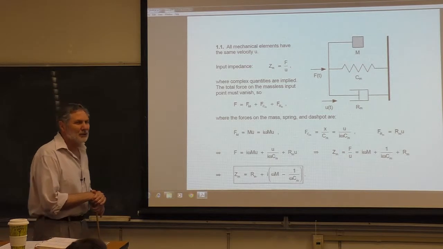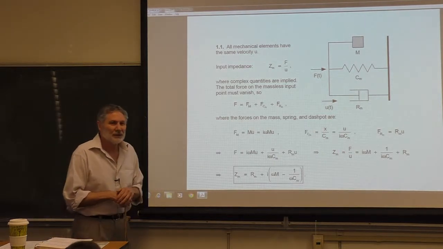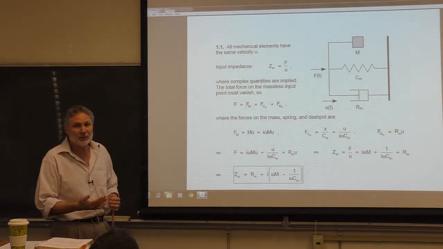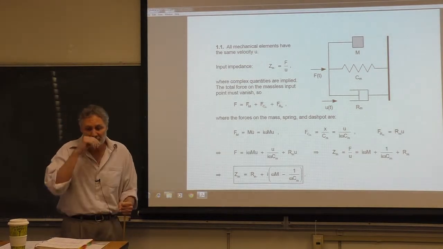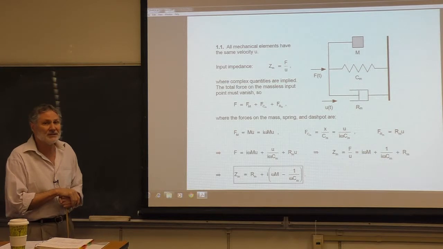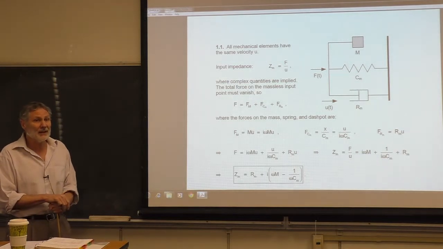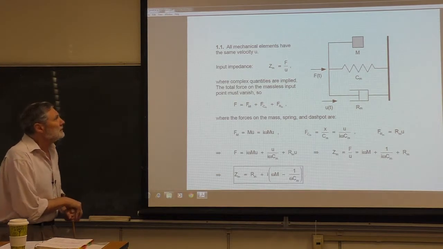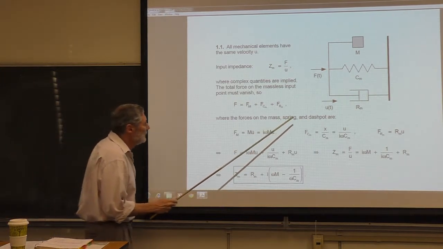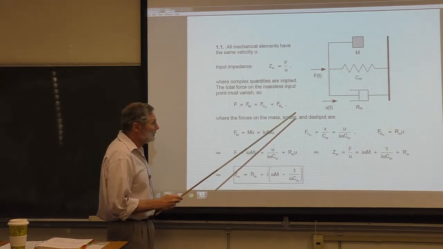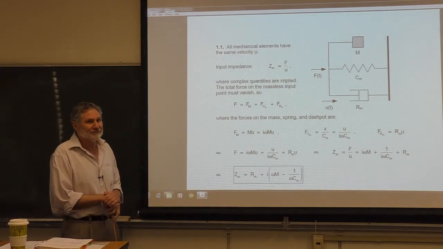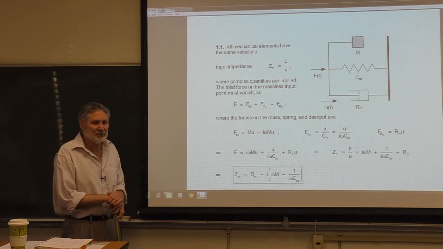So why are we going to do that? This is obviously an important quantity. Throughout this course we'll be dealing with input impedances, electrical and mechanical, because we're dealing with transduction, going both ways. An alternative way of doing this is to go to the equivalent circuit and find the equivalent electrical input impedance.